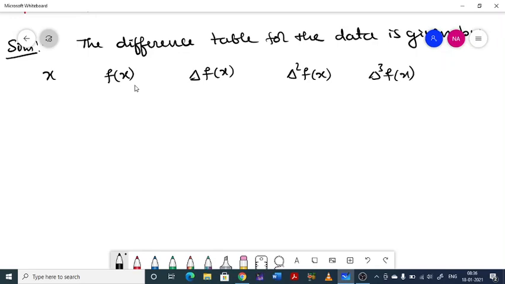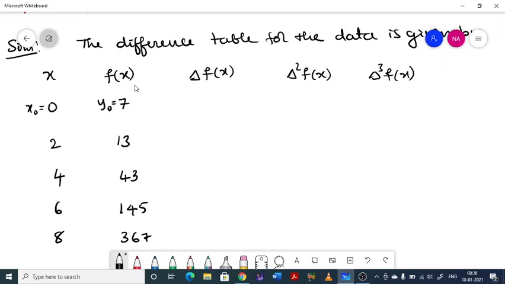Now the values of x are 0, 2, 4, 6, 8. So this will be taken as x naught. And the values of y are 7, 13, 43, 145, 367. So this will be taken as y naught.